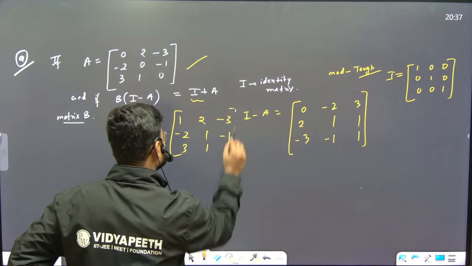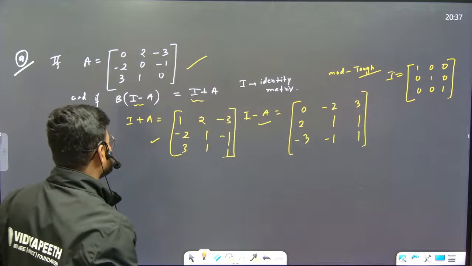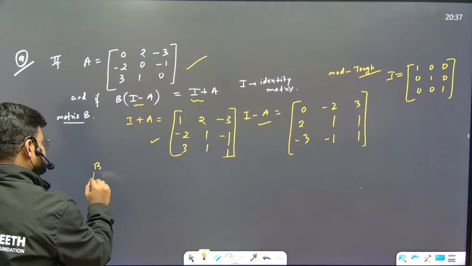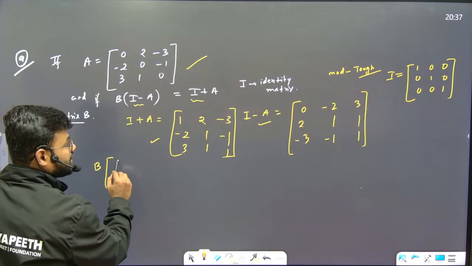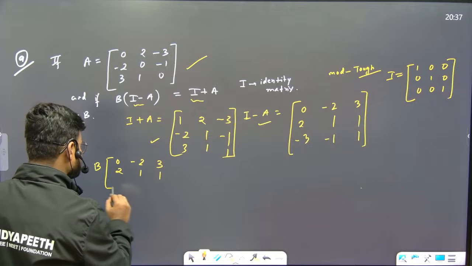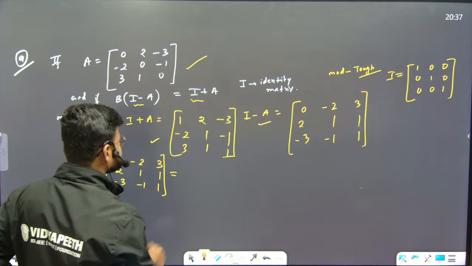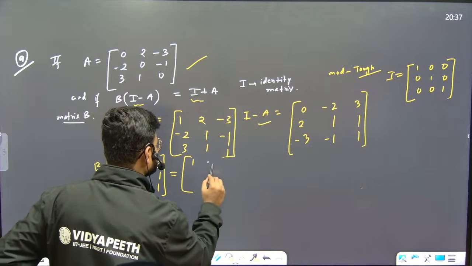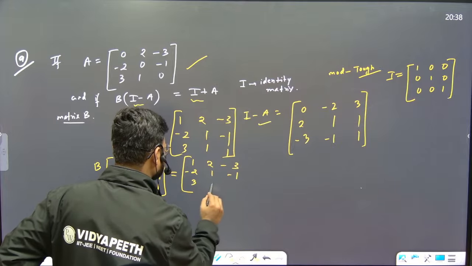So this is my matrix I plus A. This is matrix I minus A, and this is matrix I plus A. So first let me write down the equation for B: B times [1, -2, 3; 2, 1, 1; -3, -1, 1] equals [1, 2, -3; -2, 1, -1; 3, 1, 1].